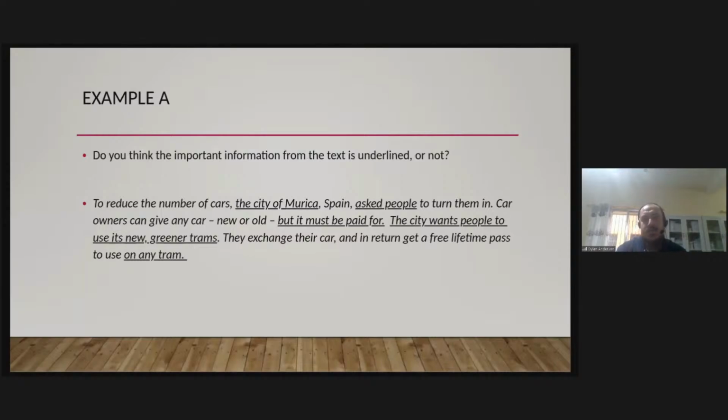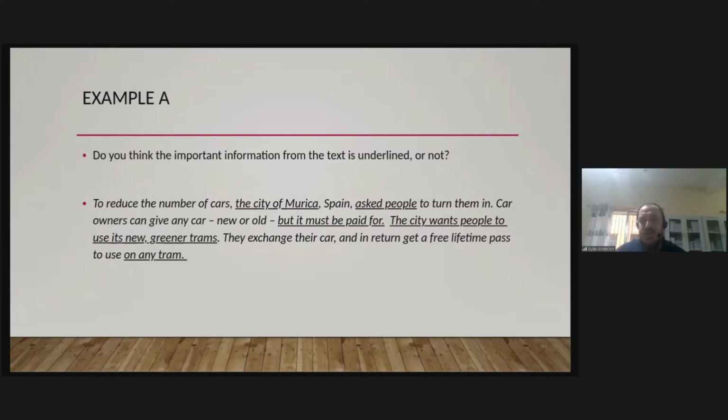So here, I've underlined some information, and we're going to think about whether this is important information or not. I have, to reduce the number of cars, the city of Murcia, Spain, asked people to turn them in. Car owners can give any car, new or old, but it must be paid for.